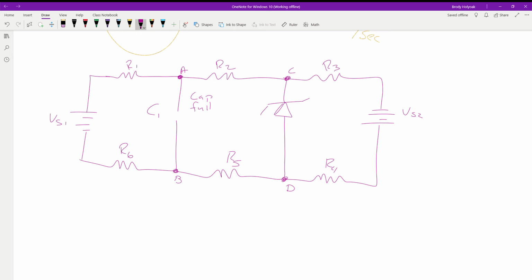So the very first step, we have to understand that after some time, we don't know how long it's going to be, but when we finally get to measuring the circuit, this cap is going to be fully charged. The reason we know we're looking at this after time has elapsed is we're not given what's happening at a specific time. So now the cap is taken care of because it's going to charge to some value. Whatever it has access to, that's what it charges to.